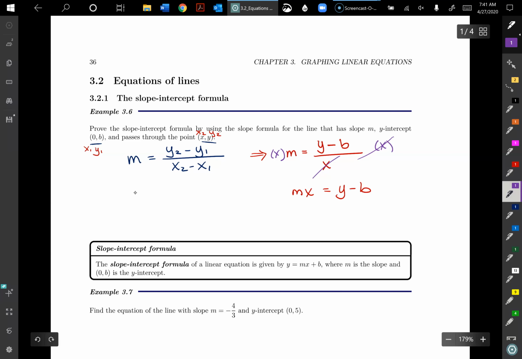And then add b to both sides. And again, remember that these are not like terms. The mx plus b I just have to write out, equals y. And we like our variable we solve for to the left, so we're just going to write it out as y equals mx plus b.